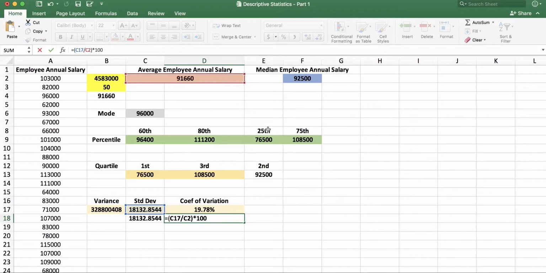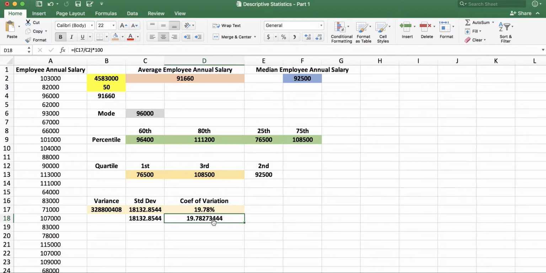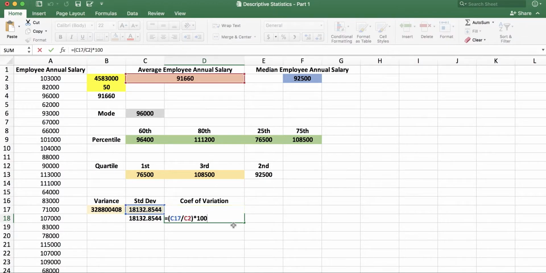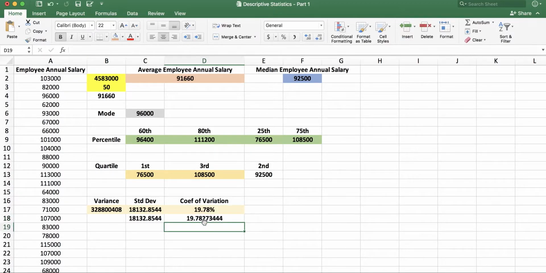Okay, I think this is a more straightforward way to do it if you're not very good at formatting cells on Excel. So this is basically the same thing. The percentage is 19.78%. Okay, the coefficient of variation is 19.78. So again, what I did is standard deviation divided by the mean times 100. Make sure you put parentheses in the correct places because we are multiplying 100 by the result of this operation here. So make sure that you have the parentheses, and then the final value is your coefficient of variation.